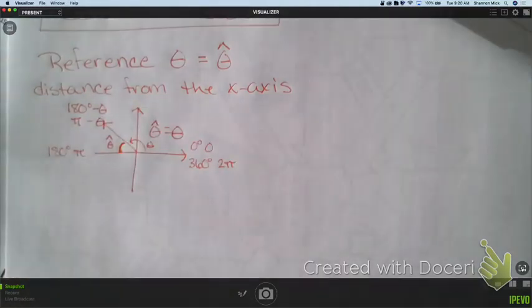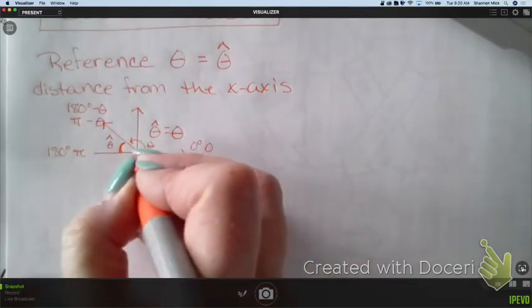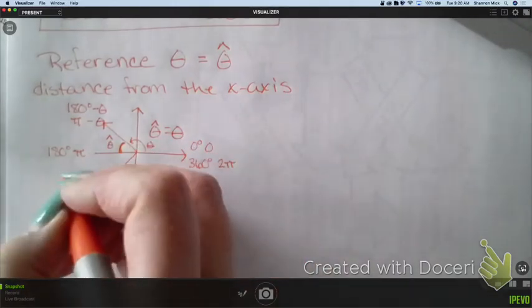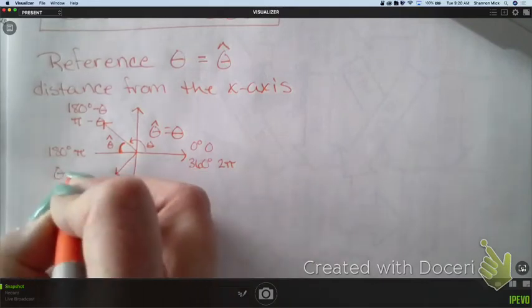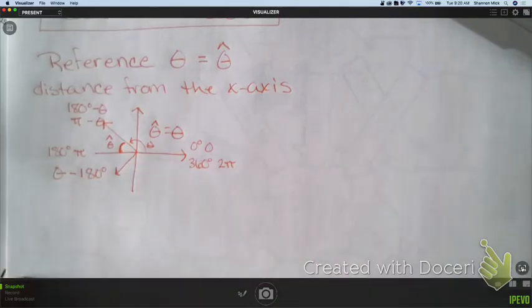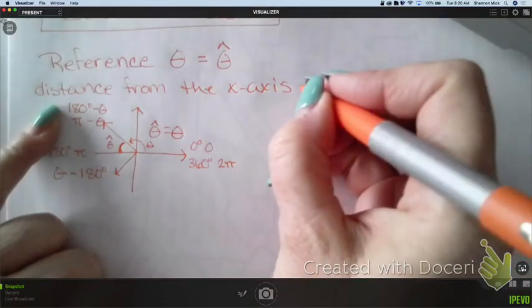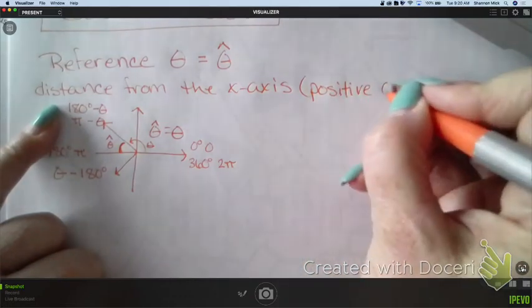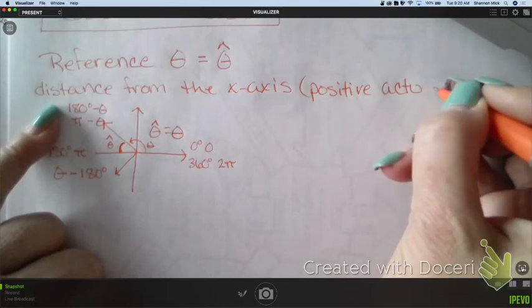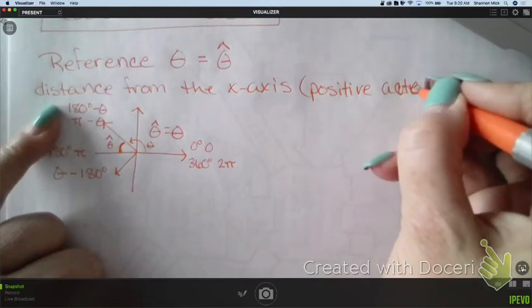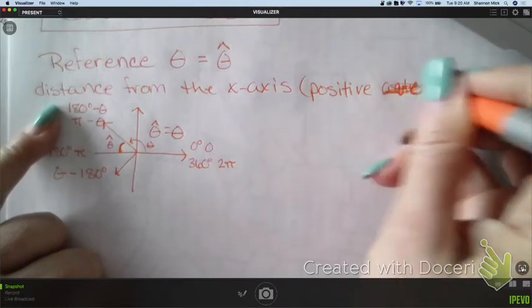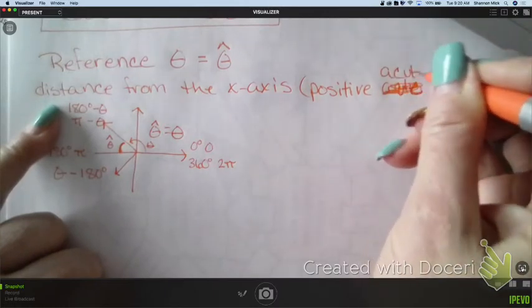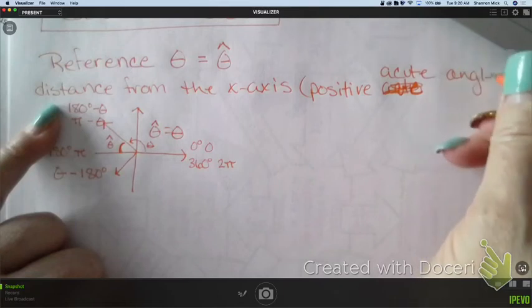Yeah. Okay. Now when I come over here in the third quadrant, it's theta minus 180. Now you could do 180 minus theta still, but you're going to get a negative number, right? And reference angles are always positive acute angles.